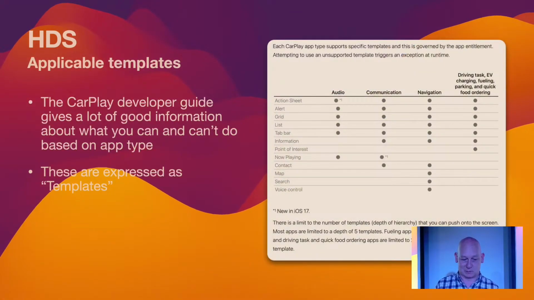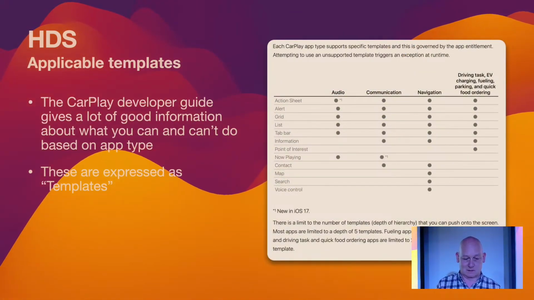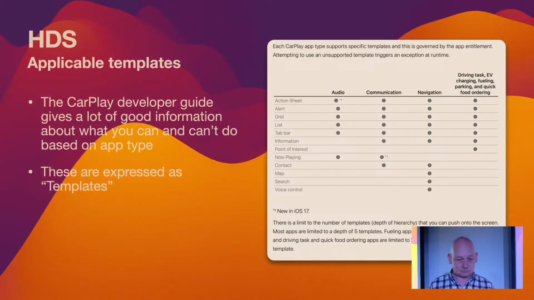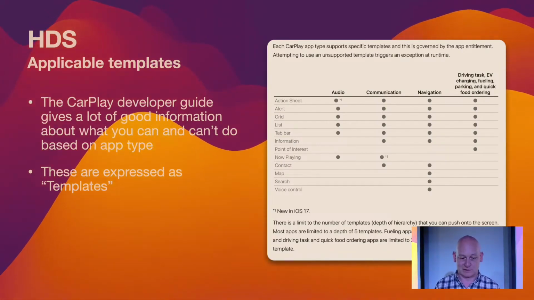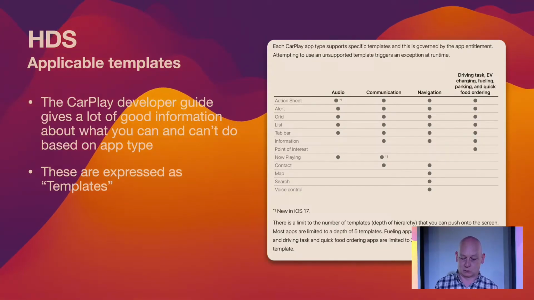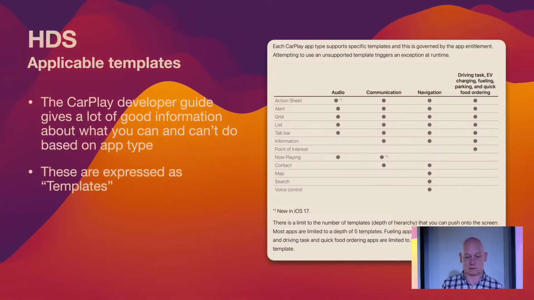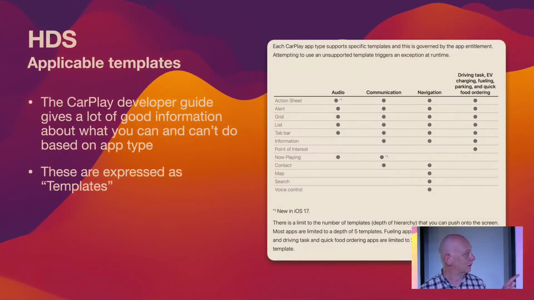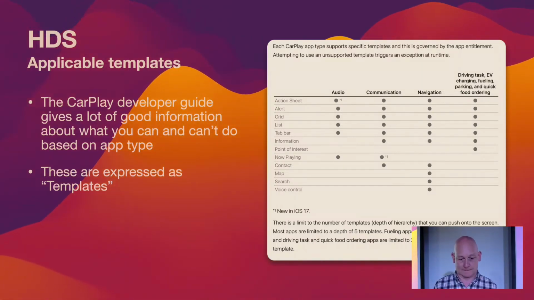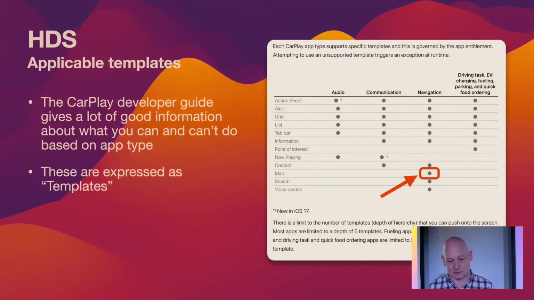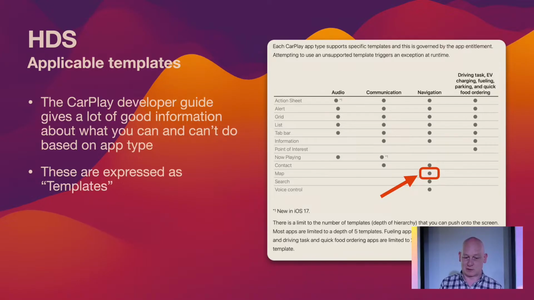So to go back to these templates again, let's say you've got to decide which type of app you're building. Oh, sorry, I haven't mentioned templates yet. CarPlay uses templates, and you've only got certain templates available to certain types of apps. So there's some common ones that are available to all apps, but if you want to use the map template, you can only do that with a navigation app.